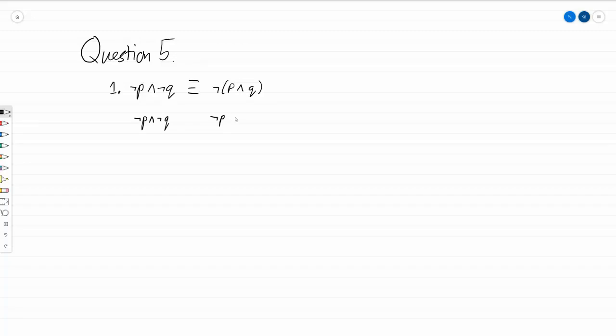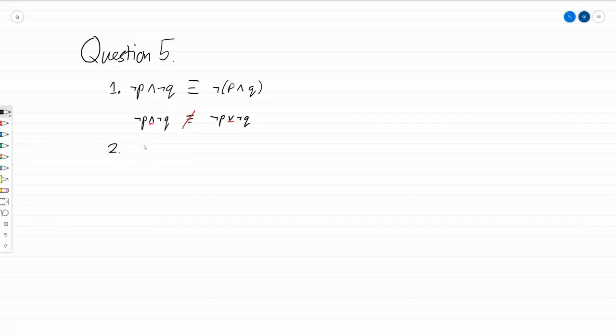We have not P, and we're doing the not on the and, which makes it into an or, and not Q. And we can immediately see that that is not the case. We have not P and not Q is not the same as not P or not Q. So we don't actually need to draw up the massive truth table, which would be a lot more work. We can just immediately see that that is not the case, because these two are not the same. Problem solved. So you can do the truth table, but sometimes think about working with this.